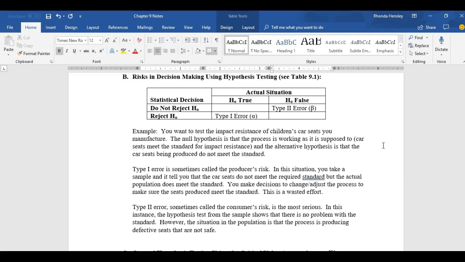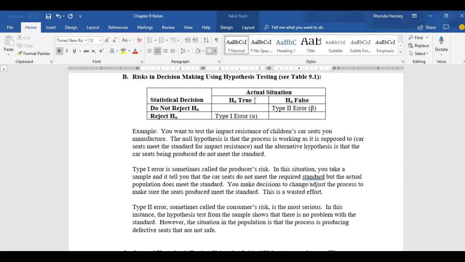But because this sample was not really reflective of what was in the population, what actually is happening is that H0 is true. You're actually meeting the standard. So I think of this as a wasted effort. You shut the process down, you try to fix something that really isn't broken, and you waste a lot of time and effort doing that.